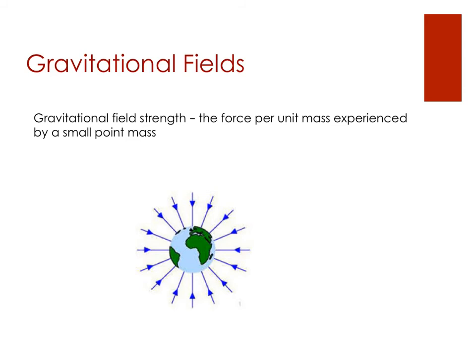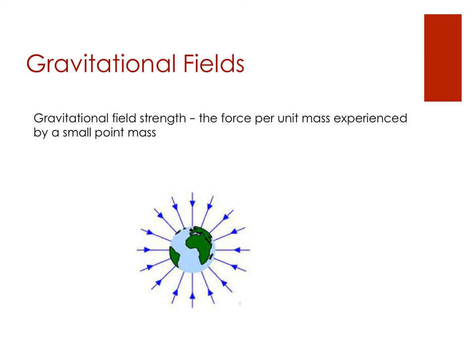And the idea is if I put a little tiny point mass anywhere around the Earth and I marked which direction it would experience a force due to gravity, it would always be experiencing a force towards the center of the Earth. And if I did a lot of those lines, they would all point towards the center.